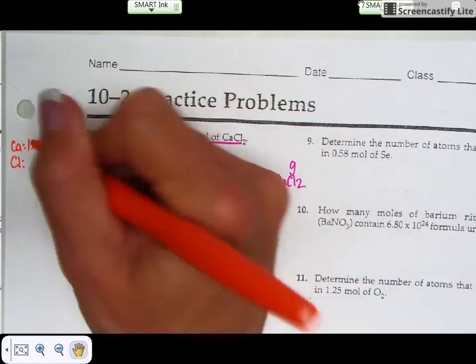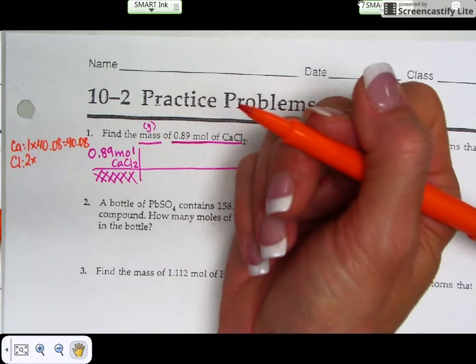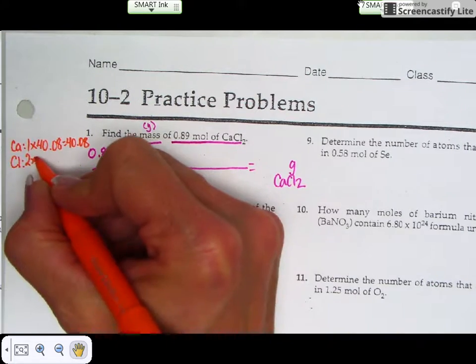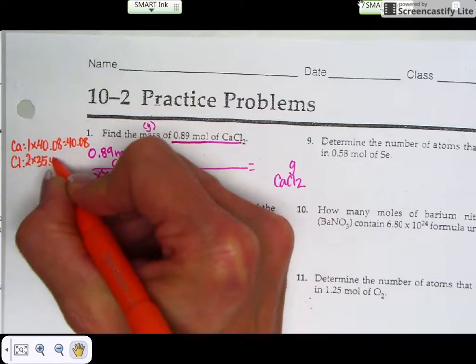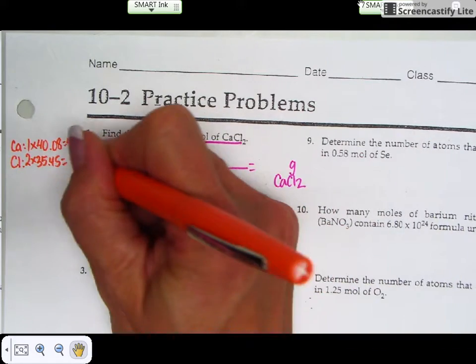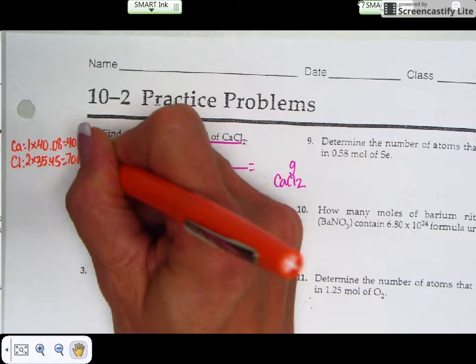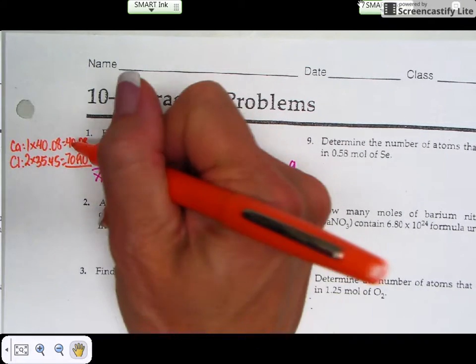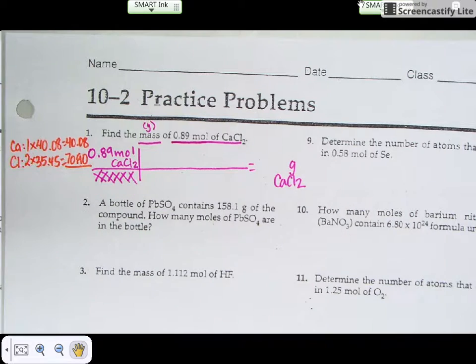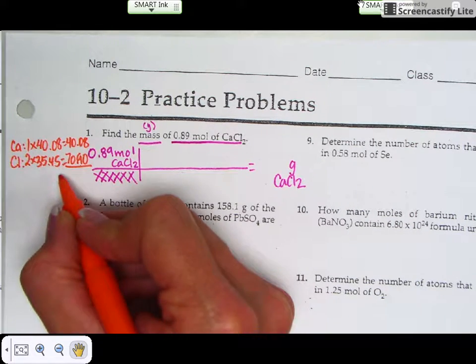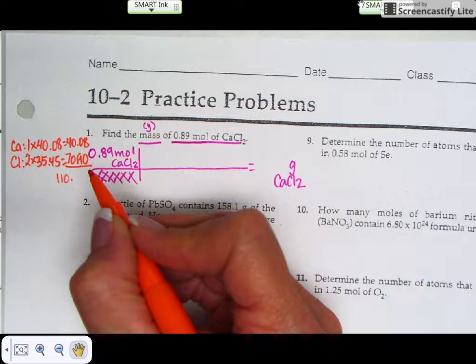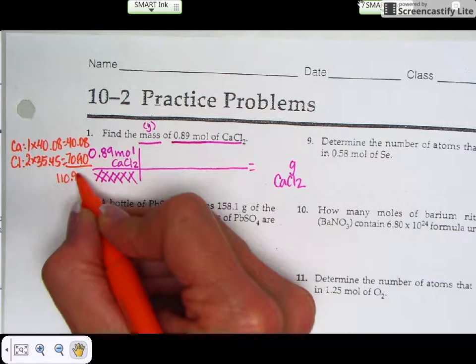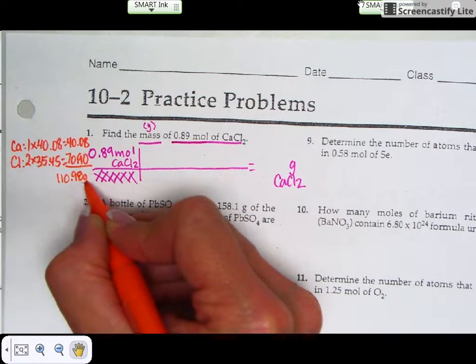And we have 2 chlorine, so 2 times the atomic mass of chlorine, which is 35.45, and that's going to give you 70.90. So now when you add up that molar mass, your 40.08 to your 70.90, we're going to get 110.98, and that's grams per mole.